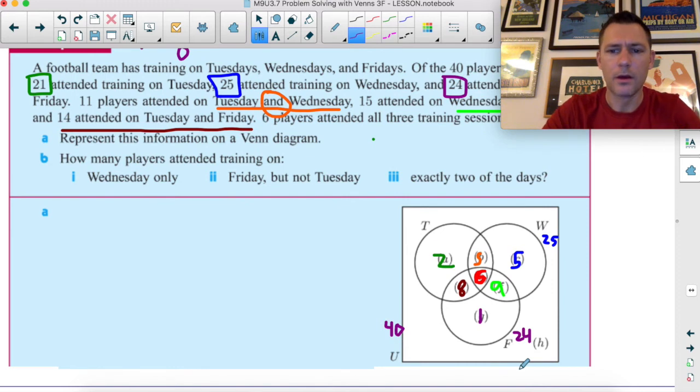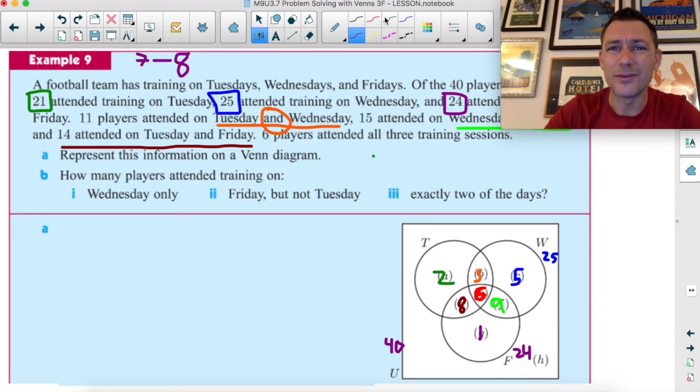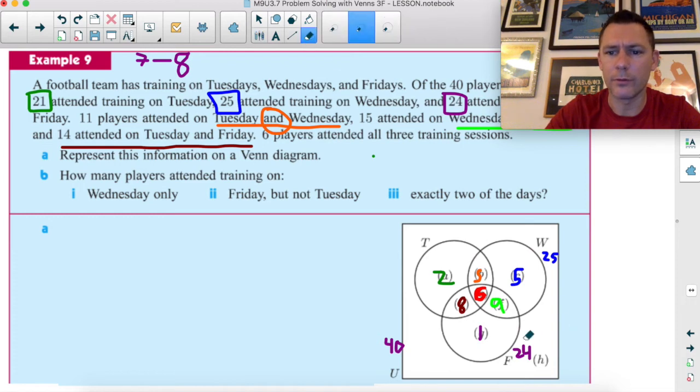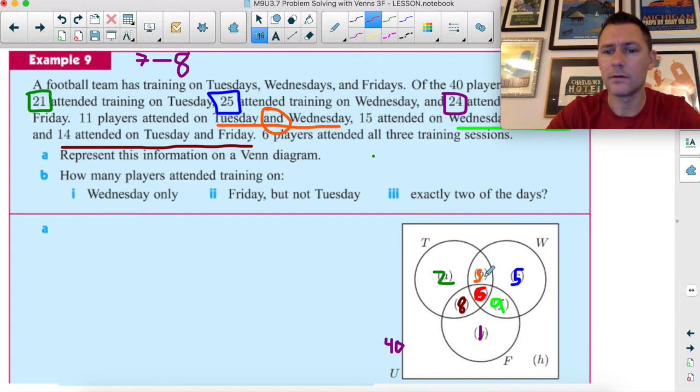All right. Good. So far, so good, except we're missing one piece, and that's this. Let's get rid of this 24 and 25. There's this region outside, those that didn't come Tuesday, Wednesday, or Friday. And if you sum these up, there's 15, here's 20, 25, 31.